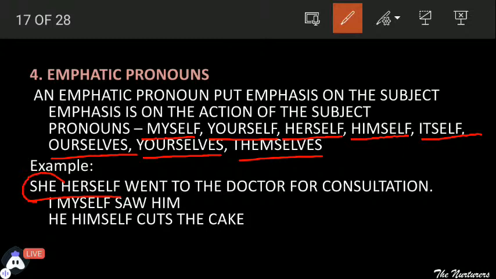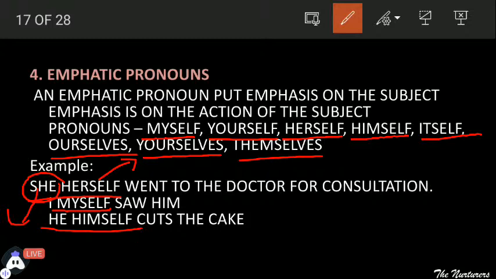Now, if we talk about she herself went to the doctor. Over there, she is the personal pronoun. हम उसके बारे में बात कर रहे हैं. और herself over here is what? Herself is emphatic. So she herself went to the doctor for consultation. I myself saw him. Again, myself is the emphatic pronoun. He himself cut the cake. उसने खुद ही. So himself over here is the emphatic pronoun.